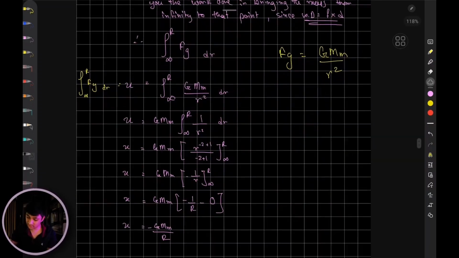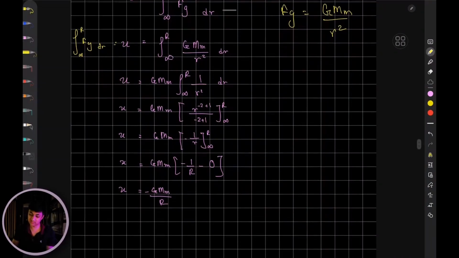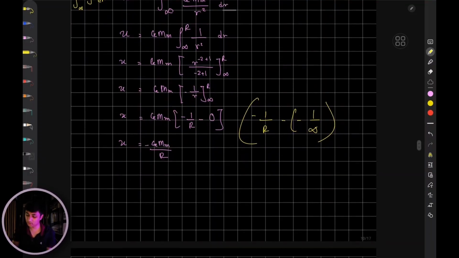Minus 1 by r. Does this match? Yes, it does. Minus 1 by r is your integration. Now you have to input the bounds, upper and lower bounds, right? So once you plug in the upper and lower bounds, it's going to be 1 by r, the defined point, minus 1 by infinity, right? This is going to be your value expression.